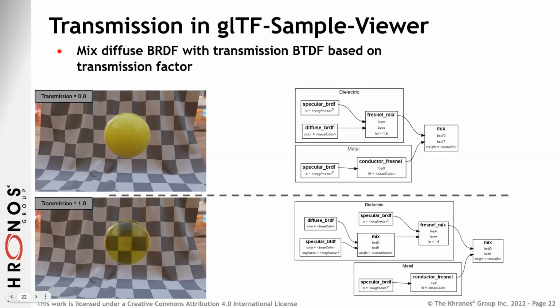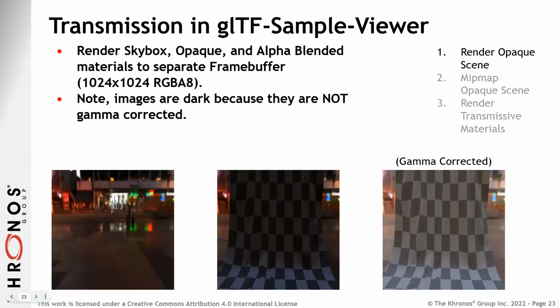So there's no scattering of light here. And as you can see, if in that top image, we had just stuck with the bottom diagram, but set our transmission factor to 0, that more complex material really simplifies back to the original core glTF diagram there. So let's go on to the next slide and we'll take a look at how this is implemented.